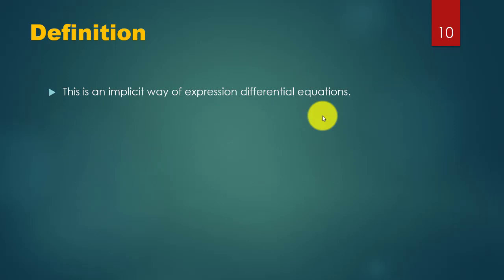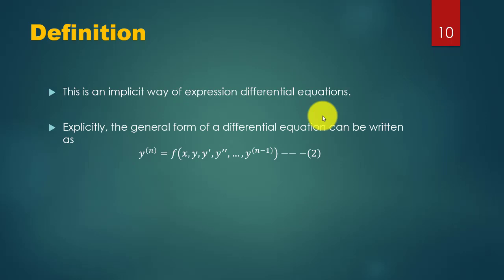This is an implicit way of expressing differential equations. Now the explicit way of expressing a differential equation is written as y to the power n equal to f of x, y, y prime up to y to the power n minus 1. So this gives us the explicit general form of a differential equation.